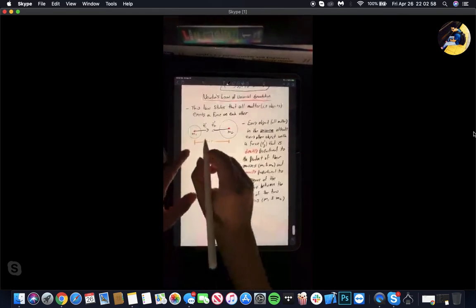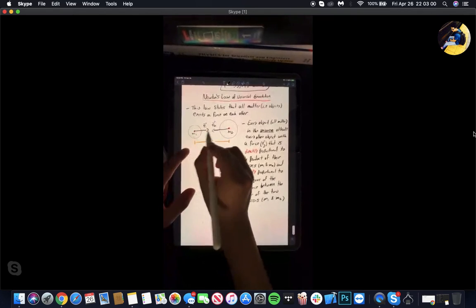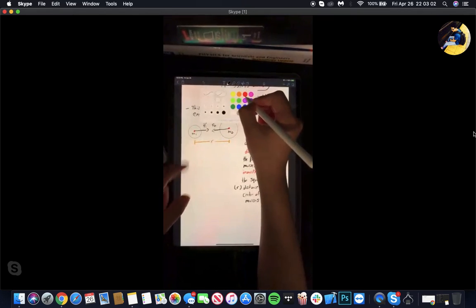So here, force 1 will be exerted onto M2.